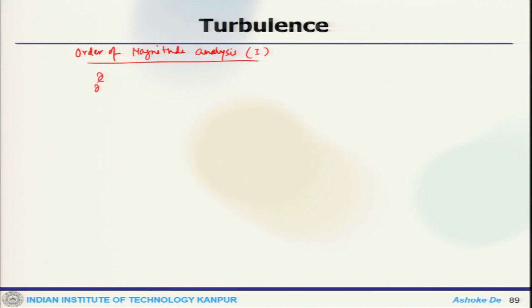One of these is del y, which is y half, and del x, which is L. So del y is of order y half, and dy by dx gives my length scale.